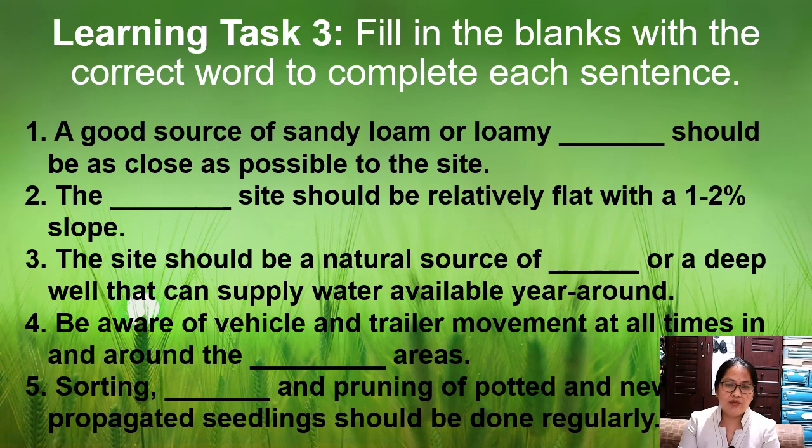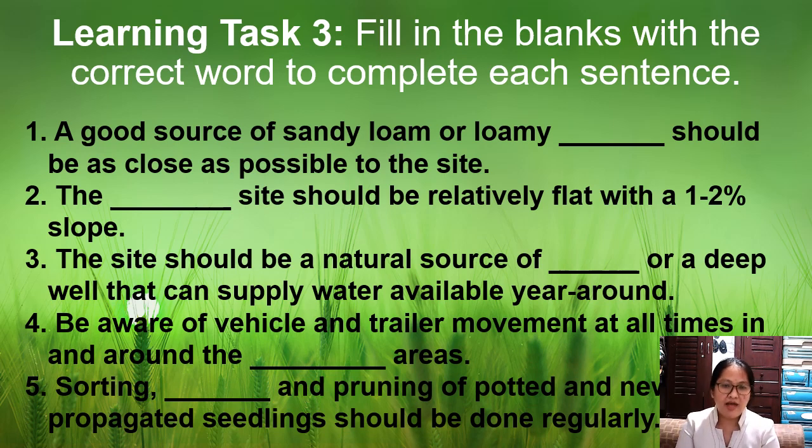Okay, now, on a one whole sheet of paper, answer the learning task 3. Fill in the blanks with the correct word to complete each sentence. Number 1. A good source of sandy loam or loamy blank should be as close as possible to the site. Number 2.